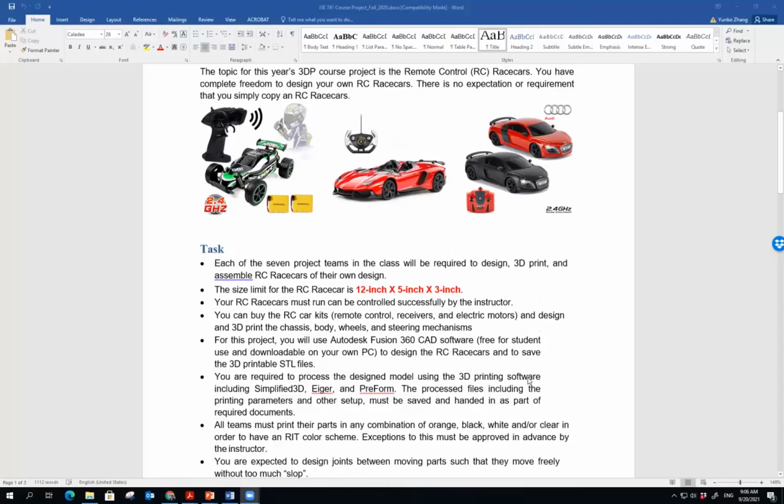But what you want to do is utilize all the available 3D printers in the lab, the Prusa and the Formlabs and the Markforged one, right? These are the available ones you should be able to use for this project.